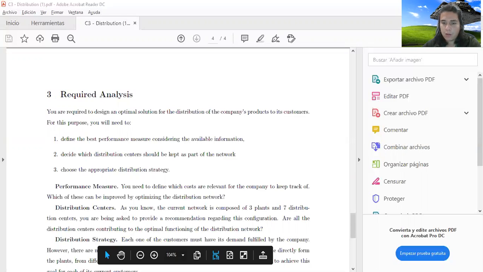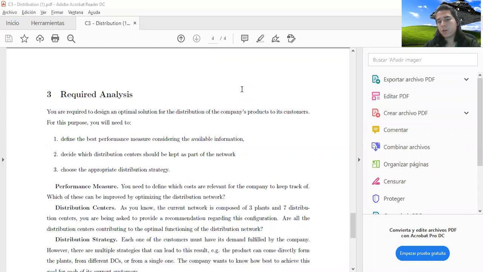Concluding, the cost will be 5 pesos for each of the kilograms of the demand per each of the thousands of kilometers.